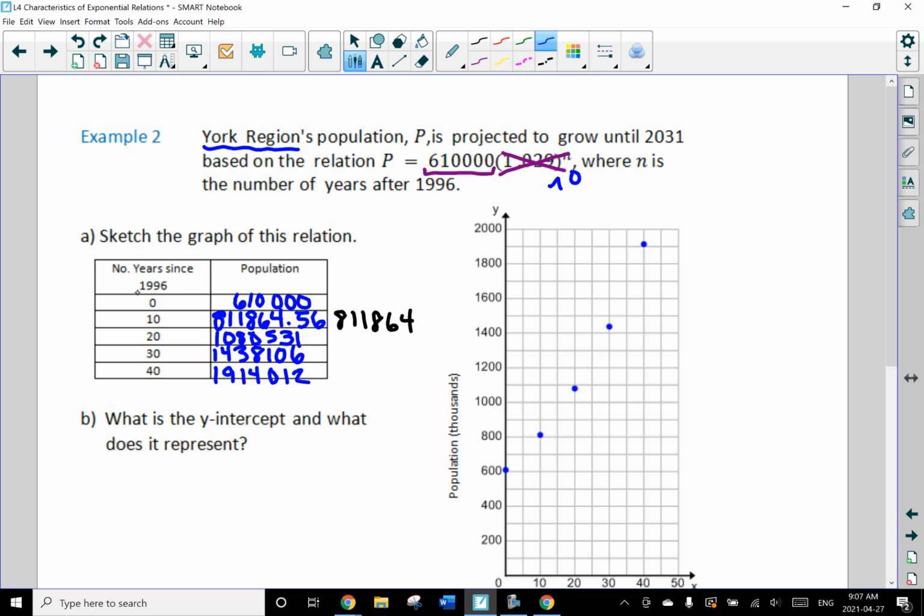So it started off in 1996 at 610,000. 40 years later, it's looking to be at 1.9 million. Okay. And we've got that growth shown here.